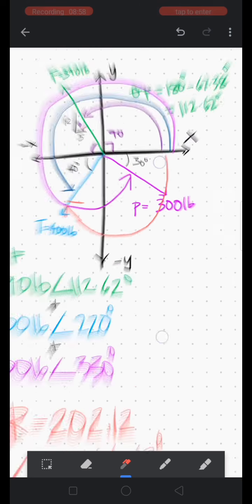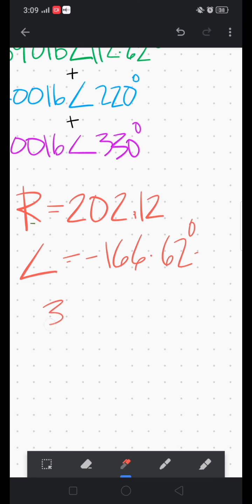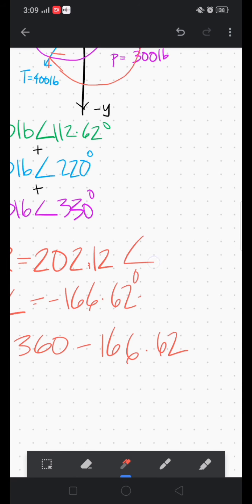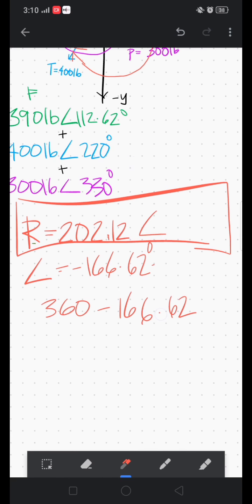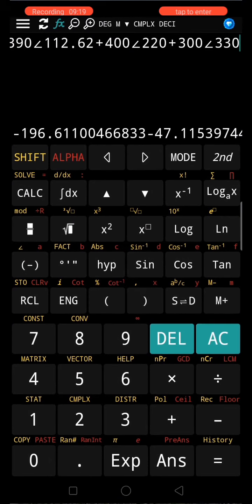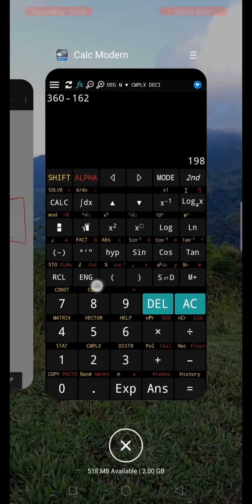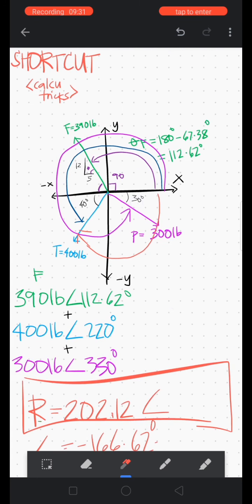So if we subtract 166 from 360, that's the answer for the direction of this resultant. 360 minus 162 is going to be 198 degrees.